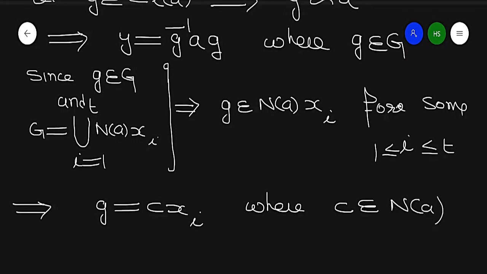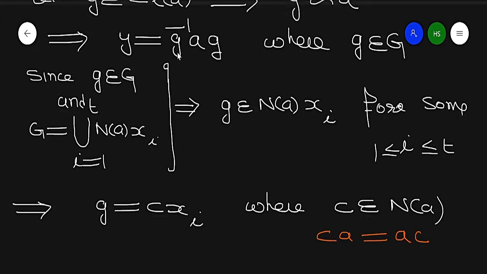If c belongs to the normalizer of A, then it means CA and AC are equal. From this what do we get? We get CA is equal to AC, because c belongs to the normalizer of A. Now substitute this c x_i, the value of g, at this place.